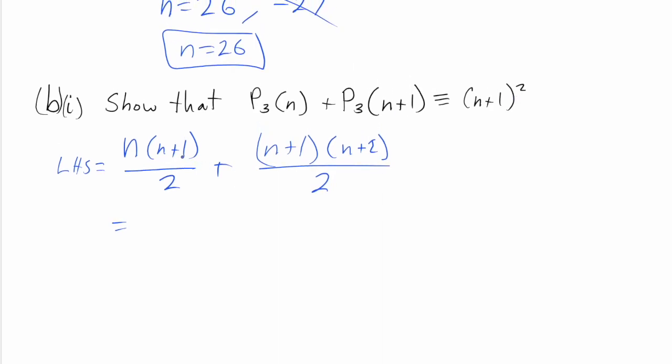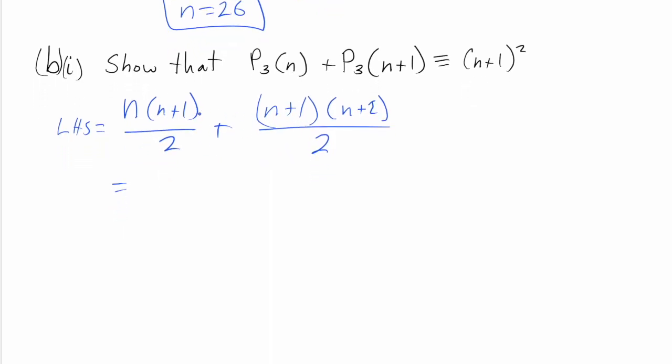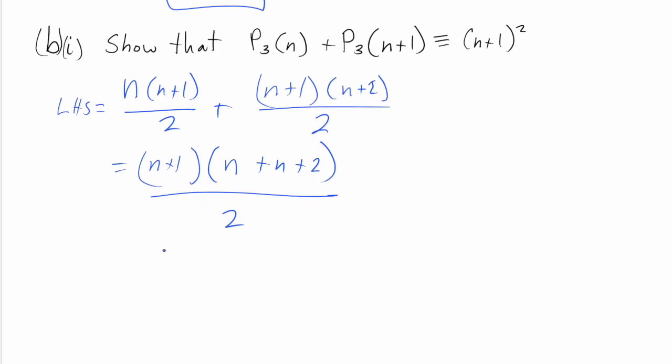I think when you're adding these two together, the easiest thing to do is actually factor out n plus 1. So we'll have n plus 1 outside of n plus 2 over 2. When we factor that out, we'll have an n plus that, which is equal to, actually we're trying to get that, so maybe that wasn't the most useful thing in the world.